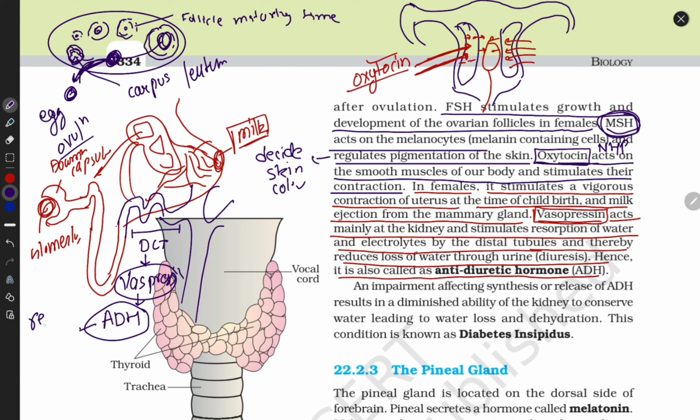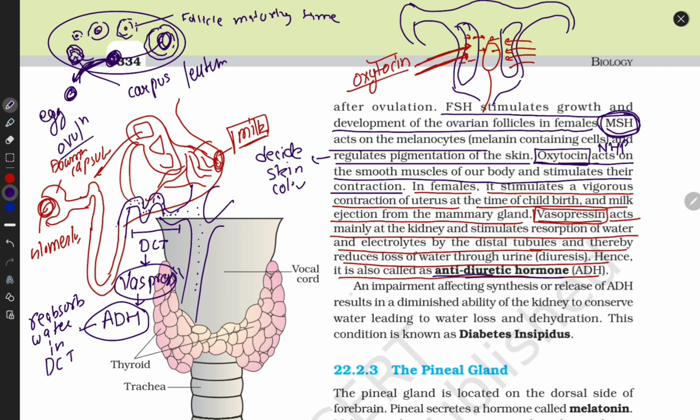They reabsorb water in the DCT. Here this hormone absorbs excess water, so limited water goes out with urine. That's why it is called an antidiuretic hormone.